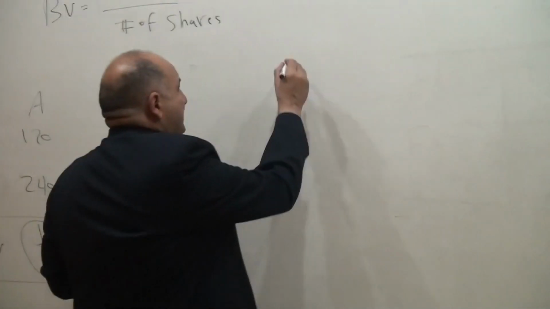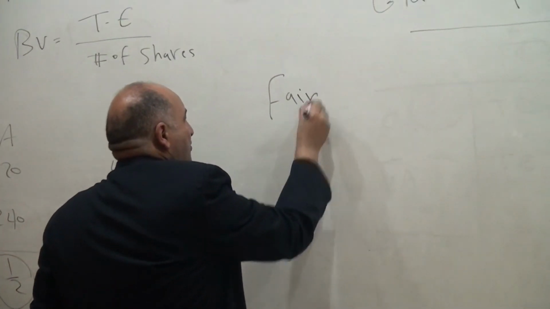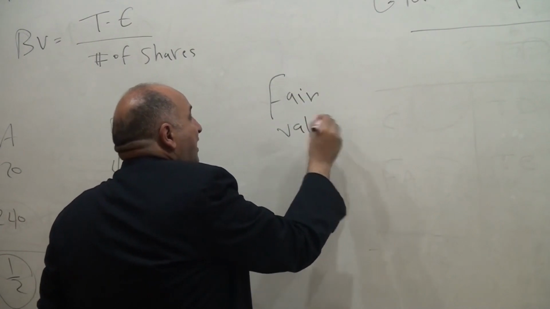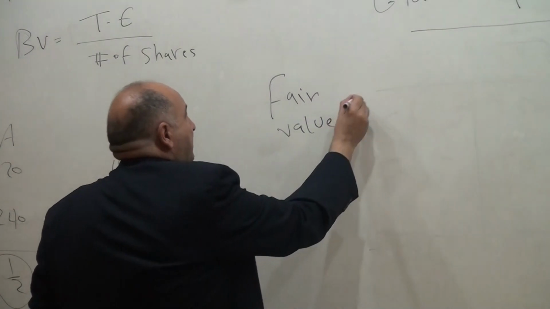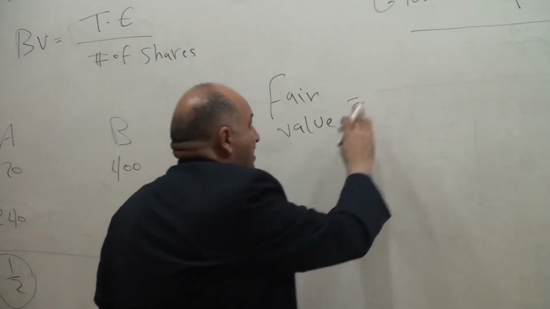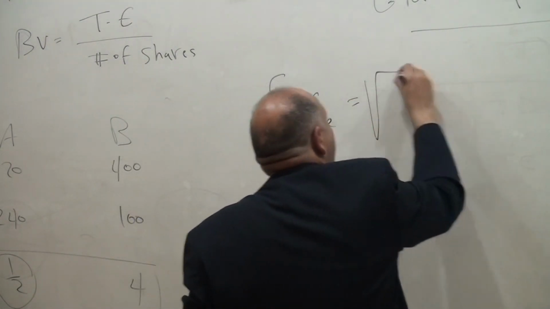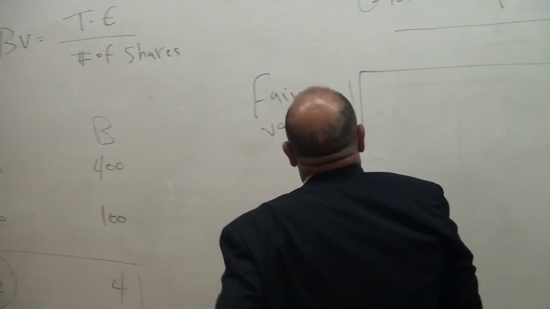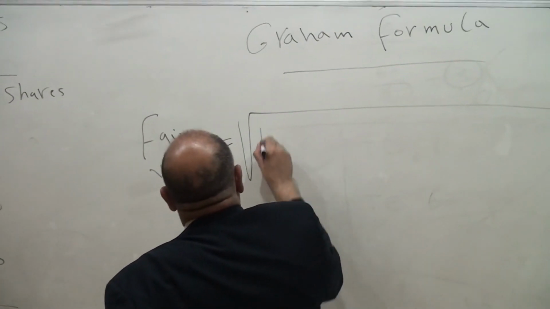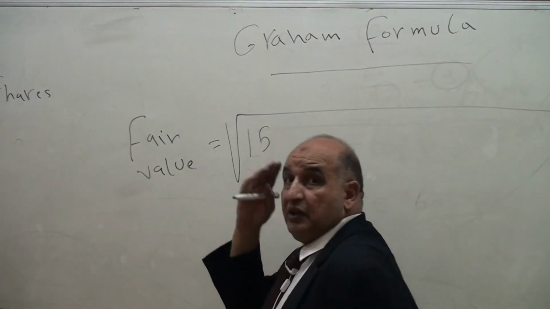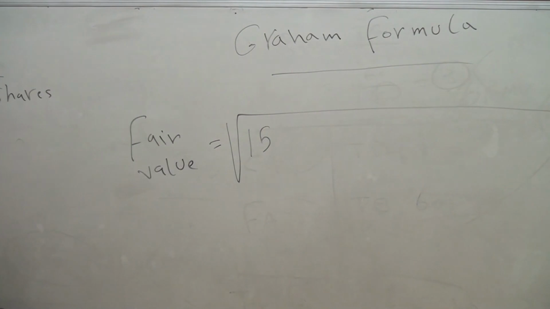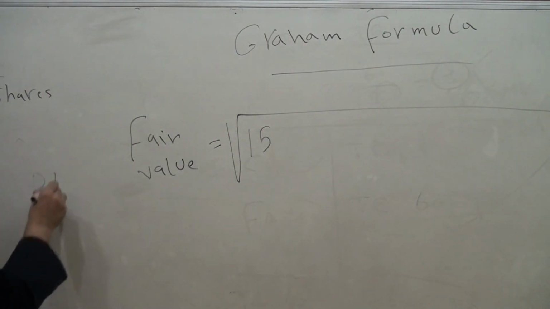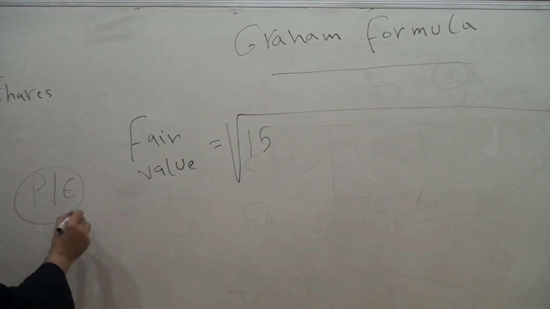What did Graham say? He said that the fair value, القيمة العادلة السهم ده يساوي كام. Graham used two fixed numbers. He used 15, considering that the P/E has to be around 15.